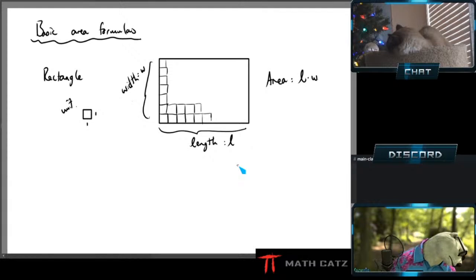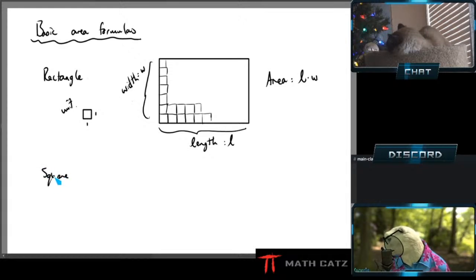Of course, at this stage in life, I hope everyone already knows that. But you lead students to that formula by way of this basic area concept of fitting a unit in and then counting the rows and columns, and that would be multiplication. Okay, so a rectangle.